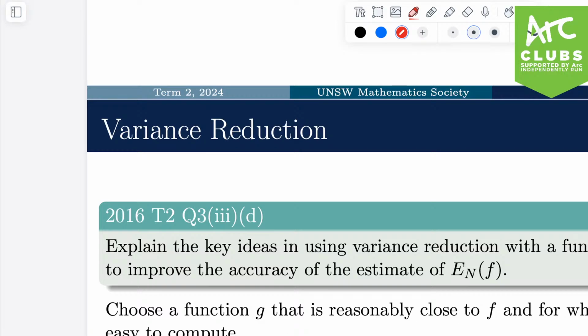So basically, the key idea is we want to choose a function g that is reasonably close to f, and the expectation of g is easy to compute. I guess if g is a normal distribution, then you know the mean is just mu. So you want to find g such that the expectation is easy to compute, not some really complex integral you can't even solve.